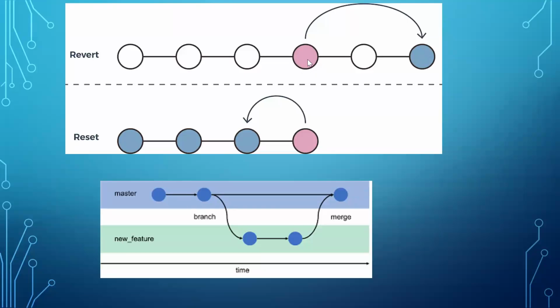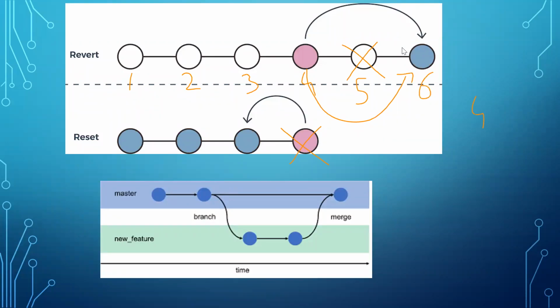So let me just show you like this. 1, 2, 3, 4, 5. So you have 5 commits. Assume that the 5th commit is the one which is wrong. In reset, you are removing it completely. But here in git revert, you bring this here and name it as 6.